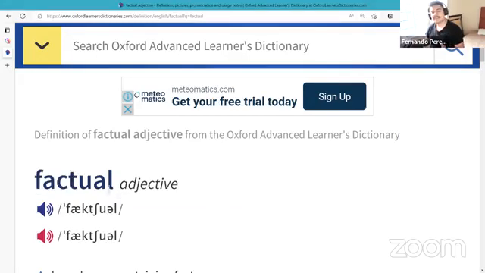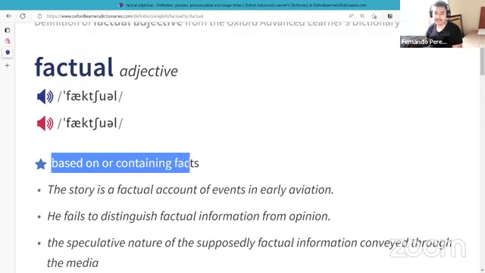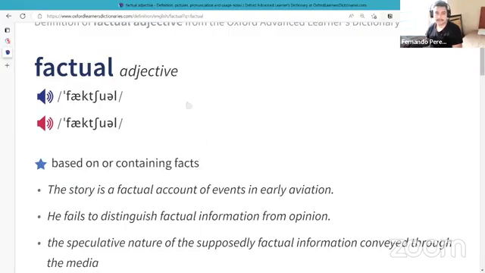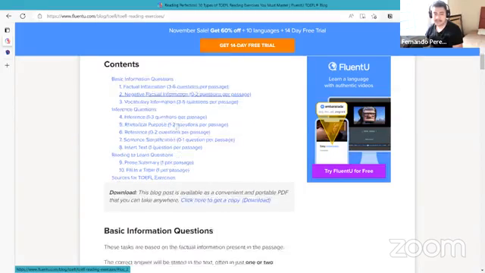So if something is factual, it is based on facts, based on or containing facts, true information. What it means is that there is always going to be explicit exercises and explicit information in the text that we are going to read. Factual information and negative factual information. You see?